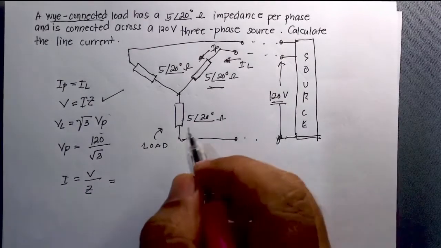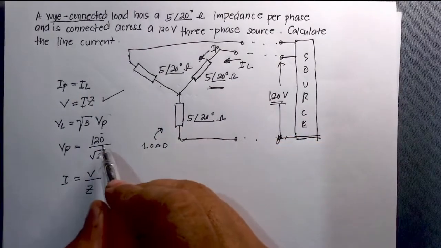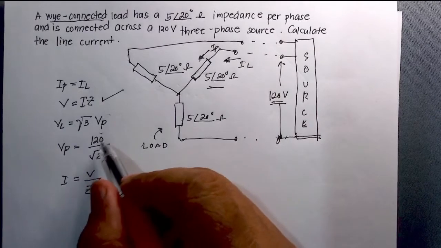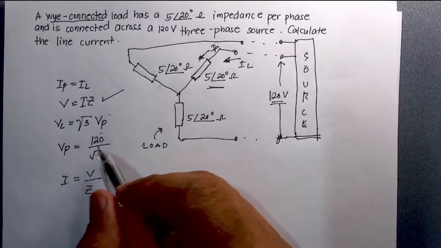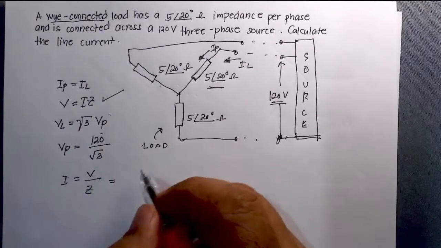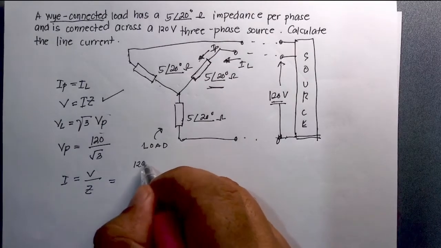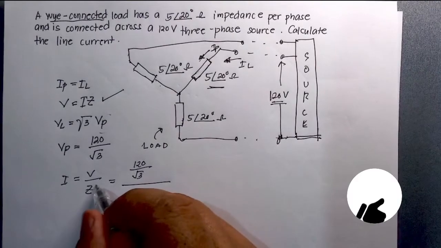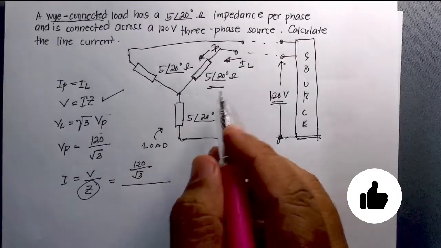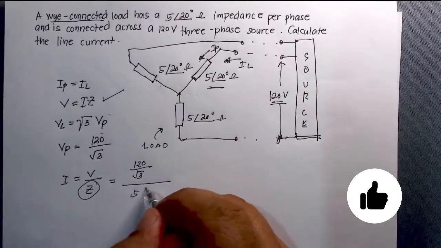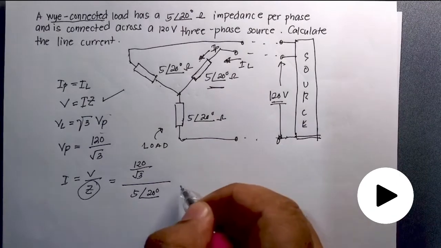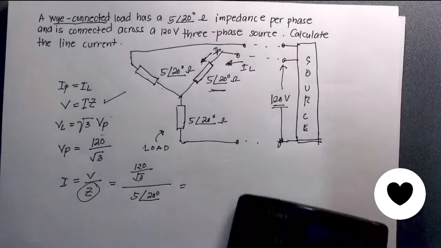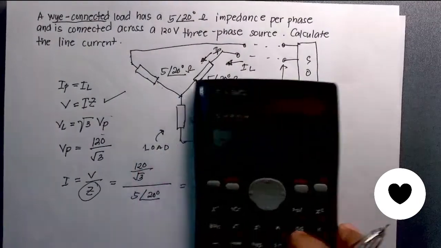Since we have computed already the phase voltage, which is 120 over square root of 3, and Z is given, which is 5∠20 degree.